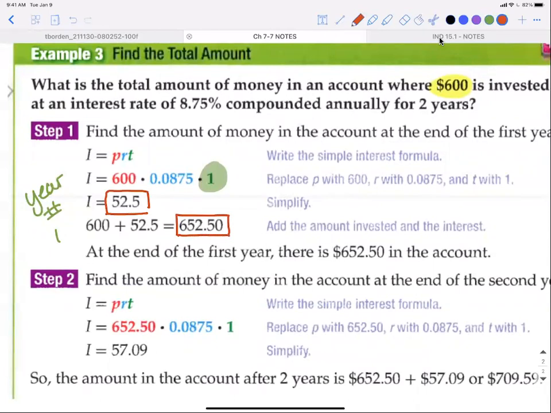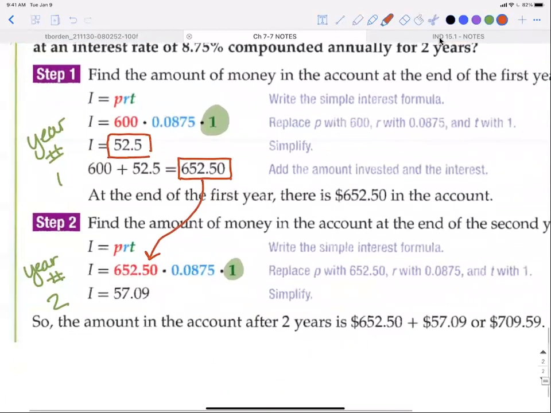Then you take year one's total, and that becomes your new principal for year two. So now you're doing year two here. You're still using a 1 in the year spot. Your principal is your new amount from year one. You still use the rate, you still use 1 as your year, and you get $57.09 earned in year two.